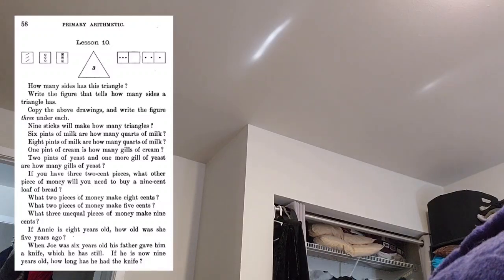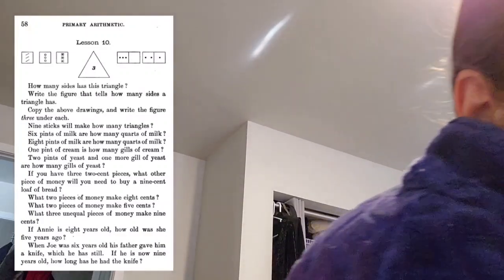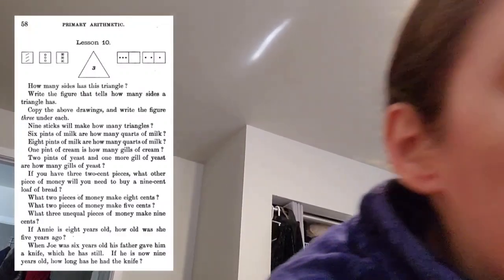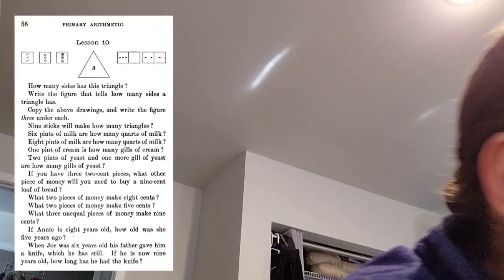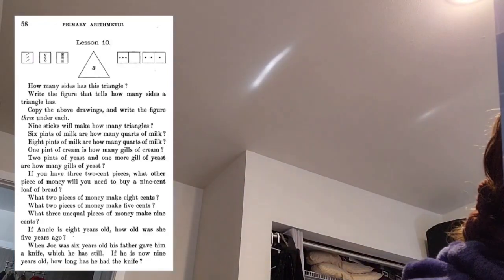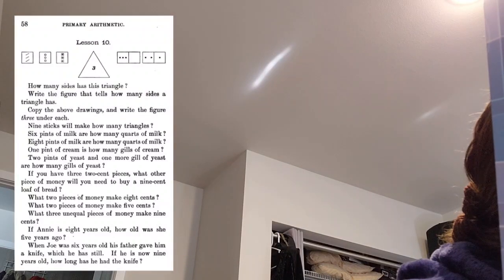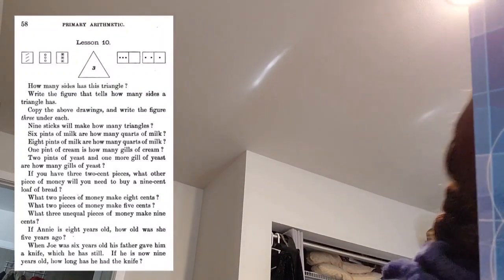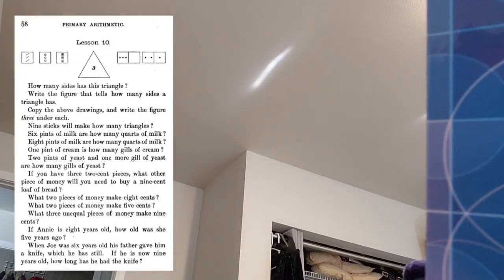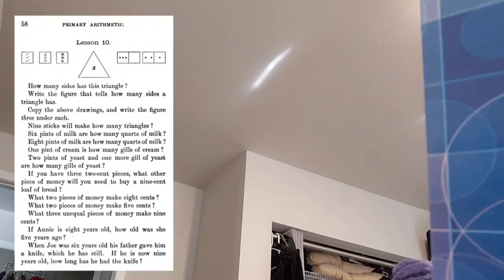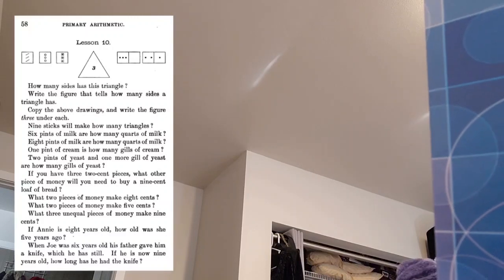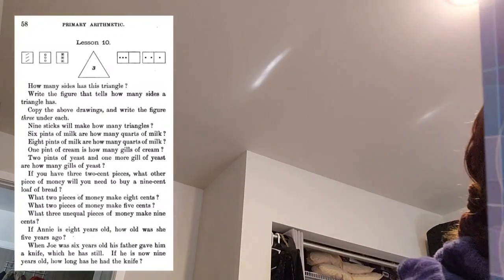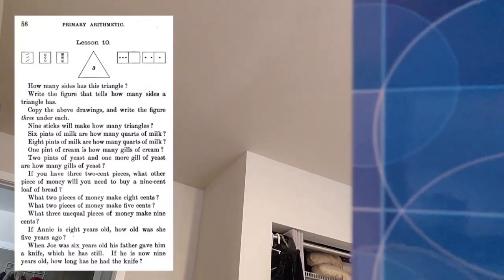Oh, it's one figure. So I guess you just write out the number 3 again. The next section says, copy the above drawings and write in the figures 3 underneath each. Okay, we can do that when we write out these problems.